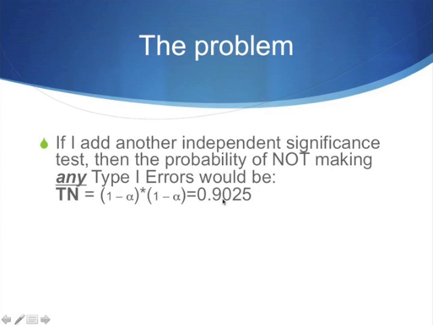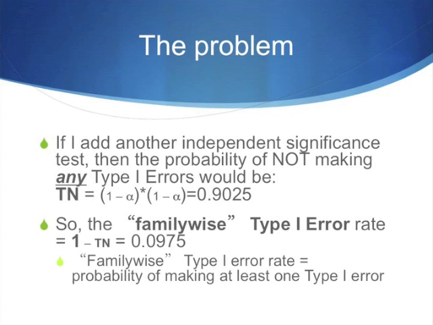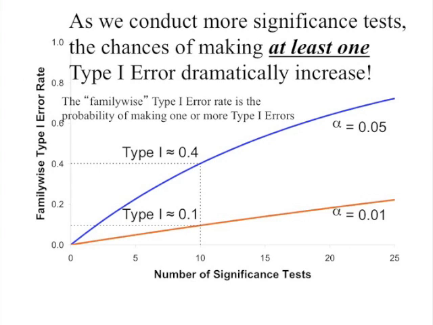So we will increase the type 1 error that we might have among those two tests. The family-wise error is the probability of making at least one type 1 error, as I said before.